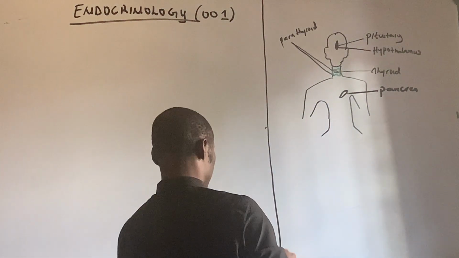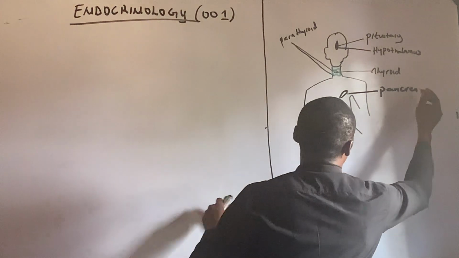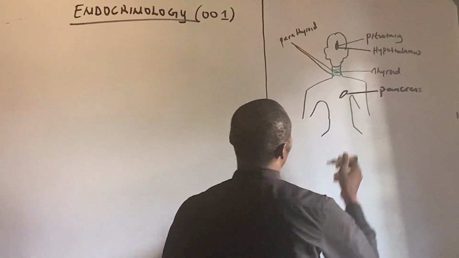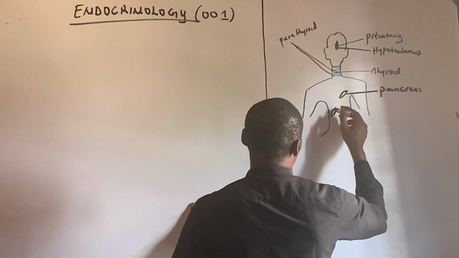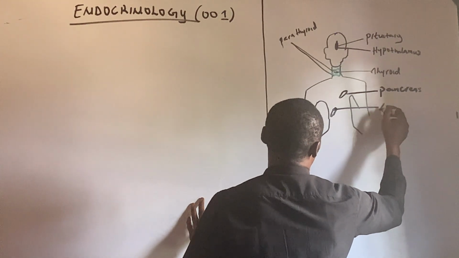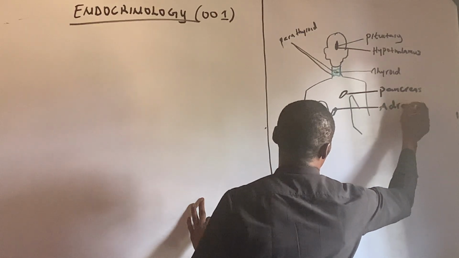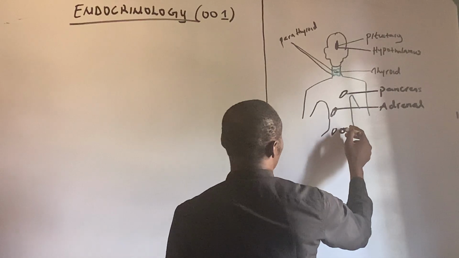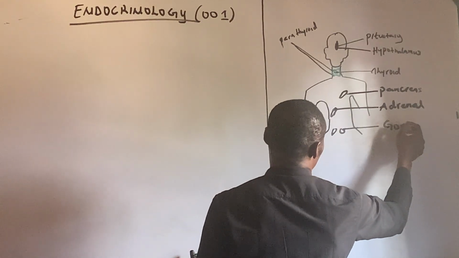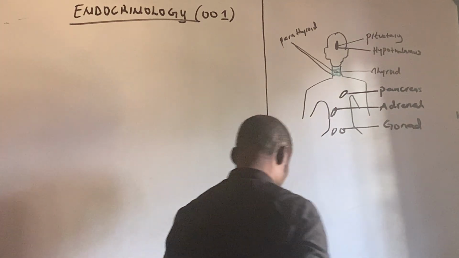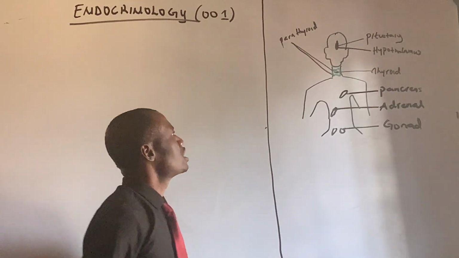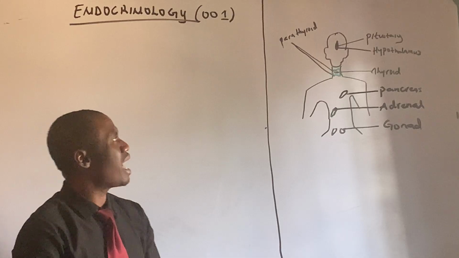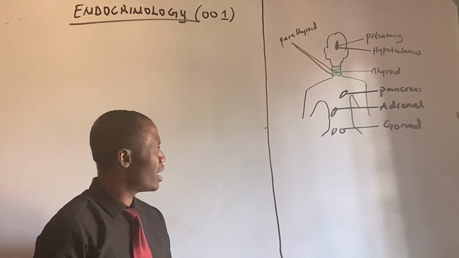Over here is what we call the adrenal gland. Finally, we have the position of the gonad. This is what we have as the locations of different sites of the endocrine glands.